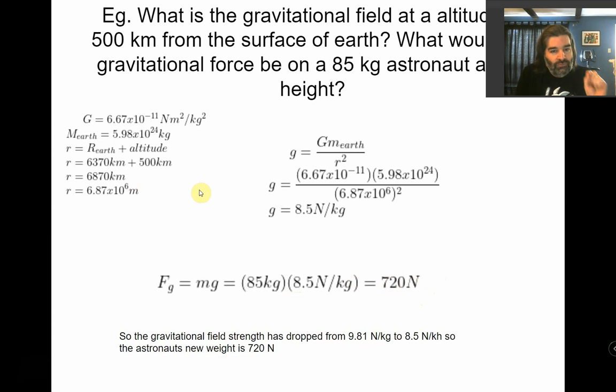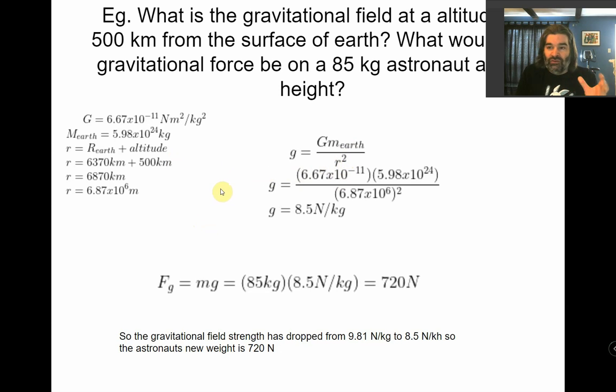Well, the most important thing to remember is putting the numbers in right. The radius is the distance from the center of Earth to the center of the object.